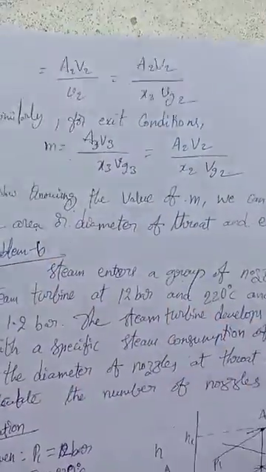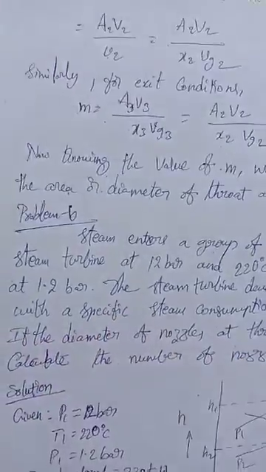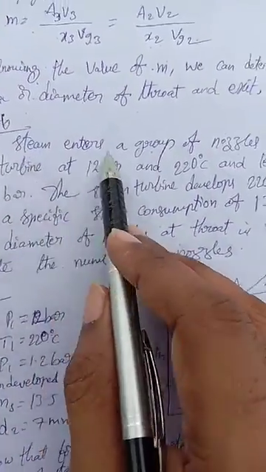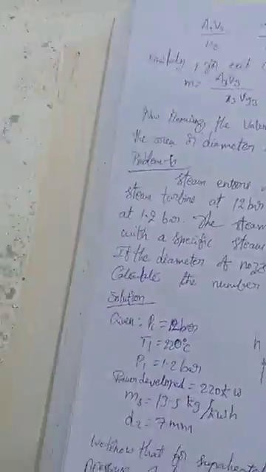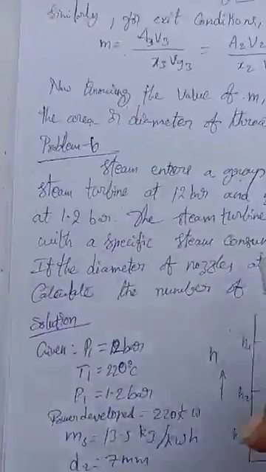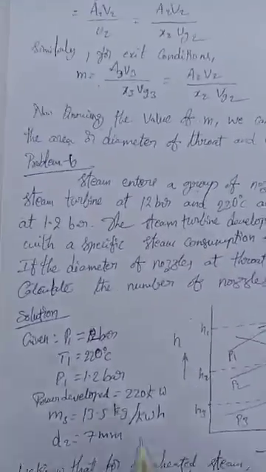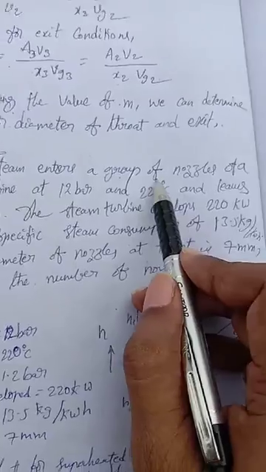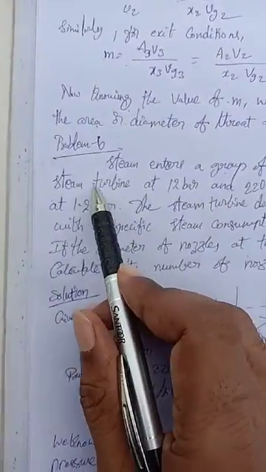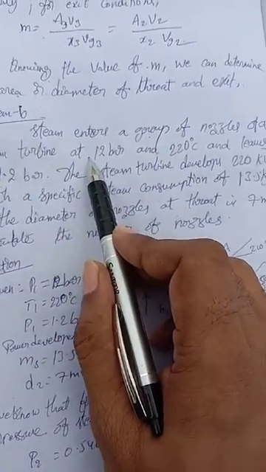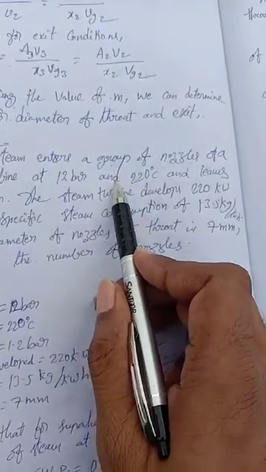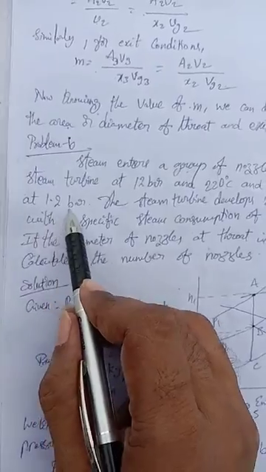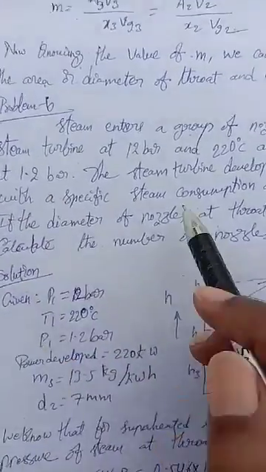ఓకే, సో నౌ వీ ఆర్ గోయింగ్ టు లుక్ ఎట్ ద ప్రాబ్లమ్ ఫర్ దిస్. ఓకే, లుక్ ఎట్ దిస్ ప్రాబ్లమ్. Steam enters a group of nozzles of a steam turbine at 12 bar and 220 degrees Celsius and leaves at 1.2 bar.